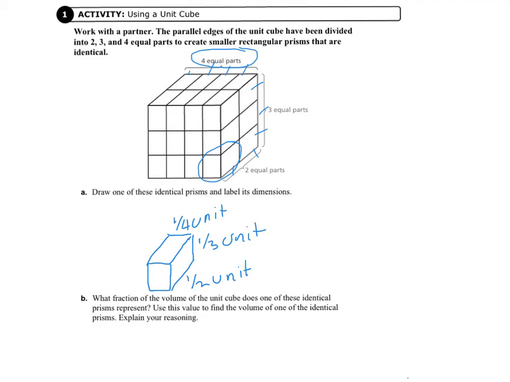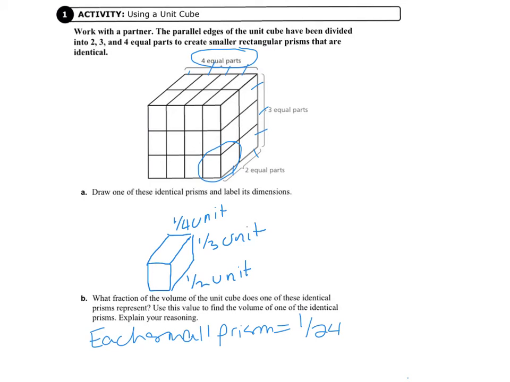So that answers the first question. What fraction of the volume of the unit cube does one of these identical prisms represent? So each small prism equals 1/24. So it's 1/24th of the big prism.